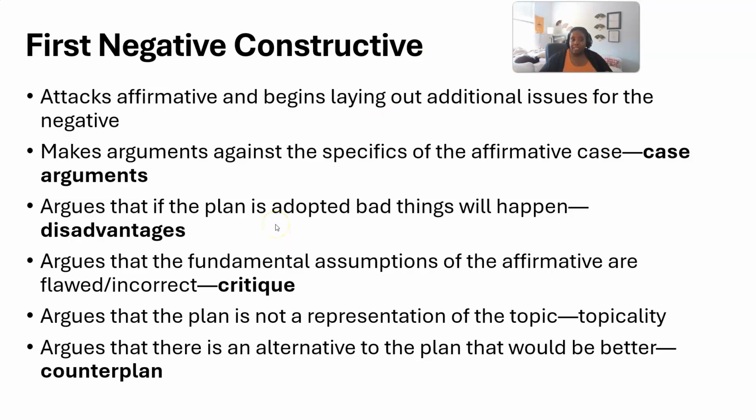What are the disadvantages? Or if the plan is adopted, bad things will happen. So what are some of the disadvantages of the affirmative plan? What are some of the critiques? So the fundamental assumption that the reasoning or the plan that the affirmative case has is incorrect or flawed.